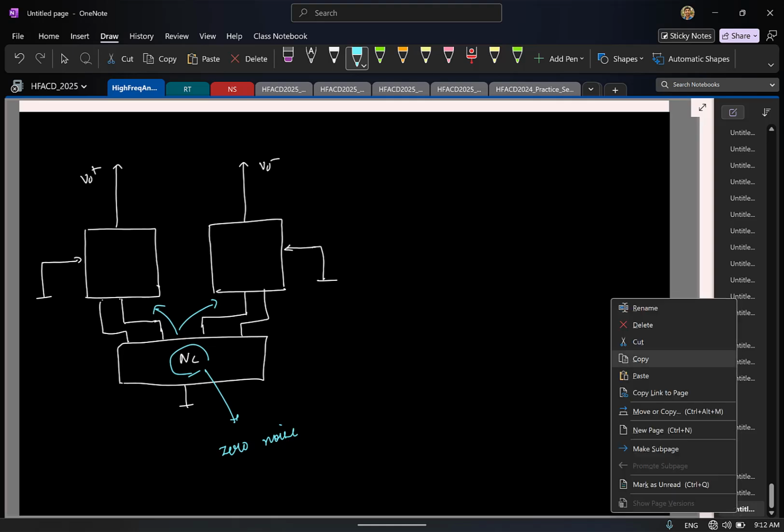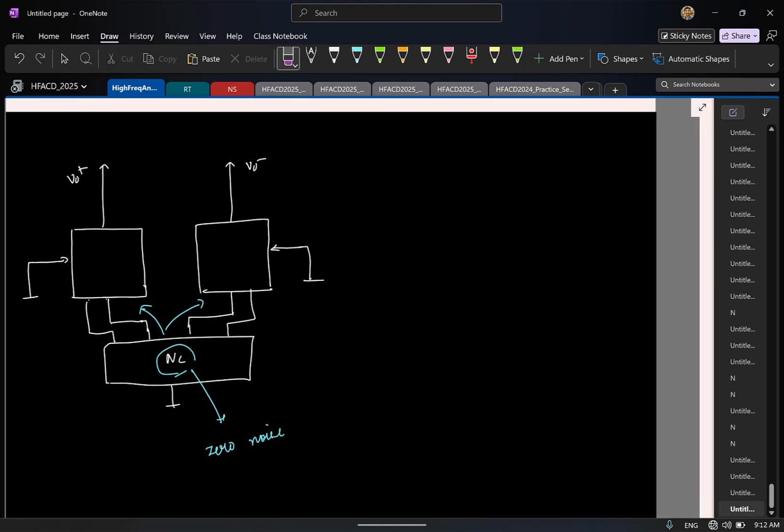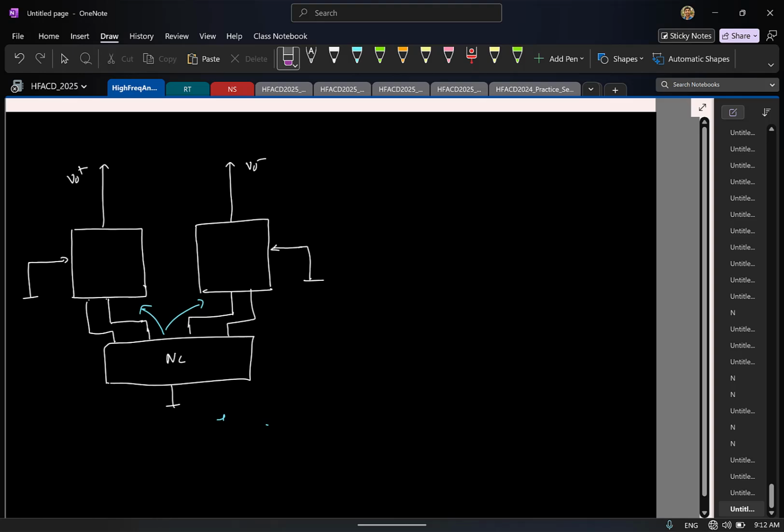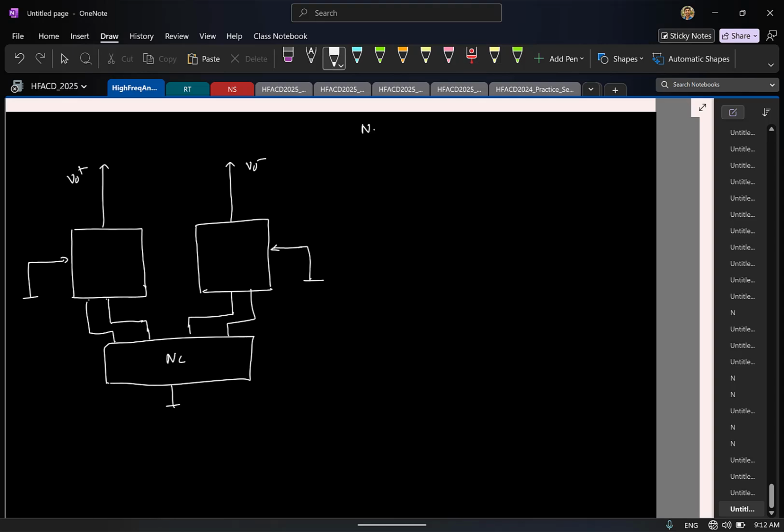So now let's only look at the noise in the half circuits individually. Let me mark it here. NC adds no noise. Now let's consider the noise sources in the half circuits.